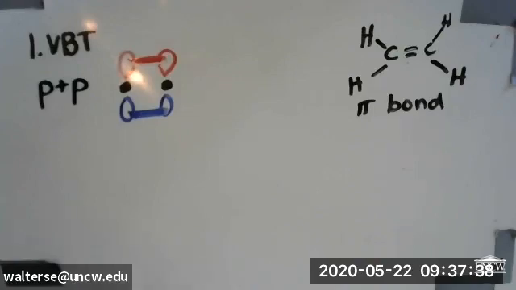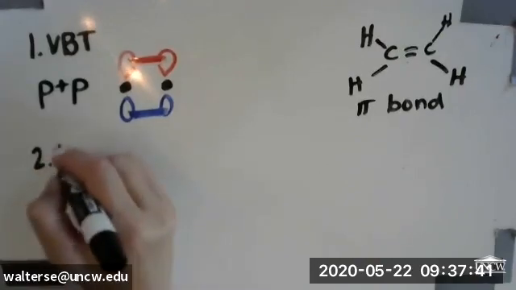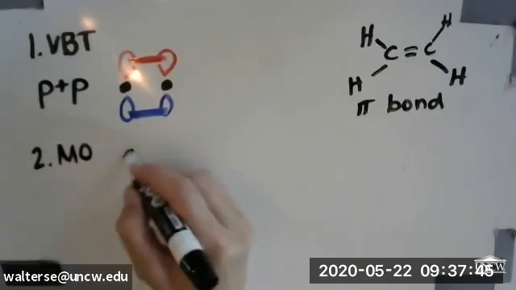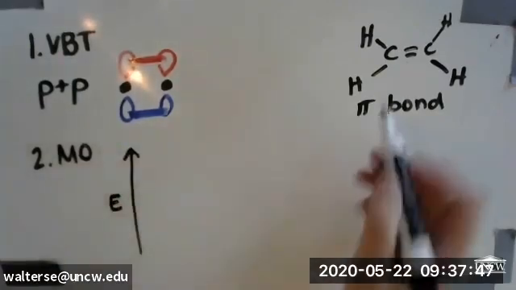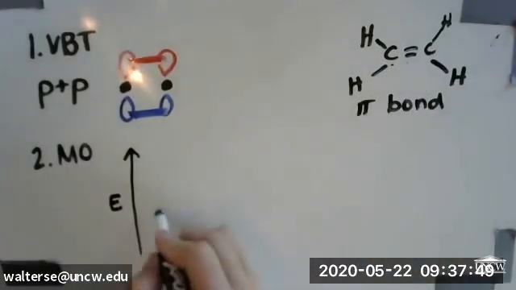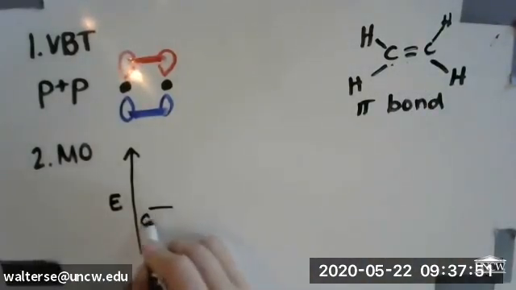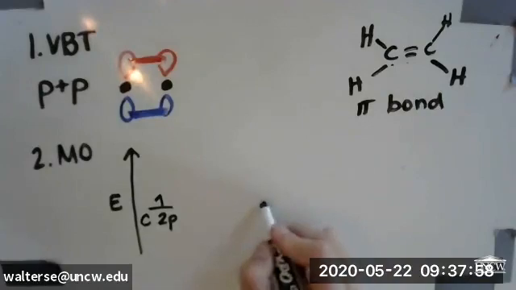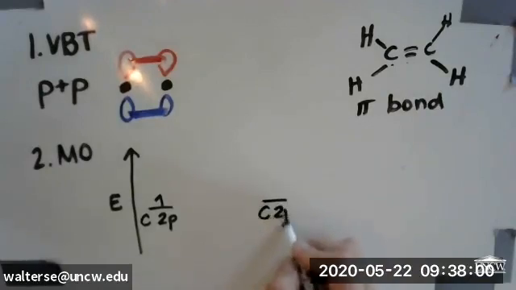What molecular orbital theory tells you is that you're going to have one carbon 2p orbital, and then a second carbon 2p orbital. I'm going to draw the pictures down here.